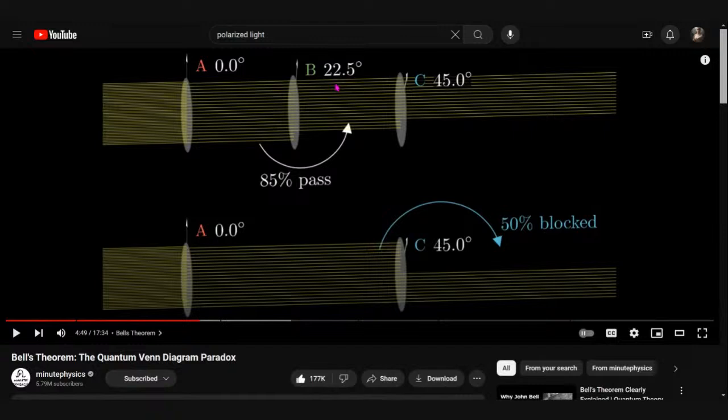They're off by 22.5. They walk in at 85%. And the same for 45 degrees. The people that were initially at 45 degrees, half of them made it in between A and B. When it comes to going through B, it's half again. I mean, this 85% is complete nonsense.